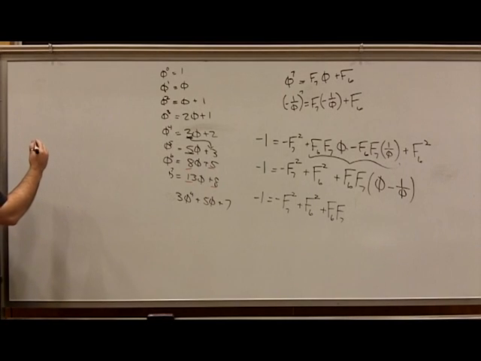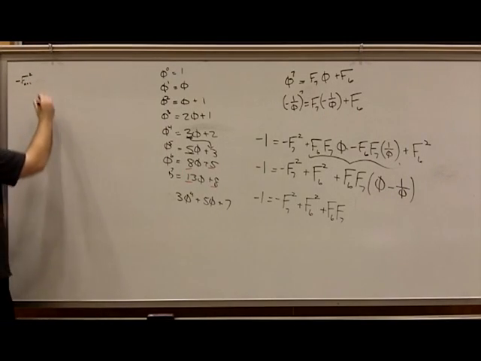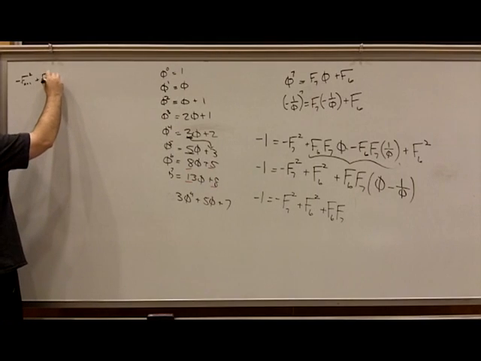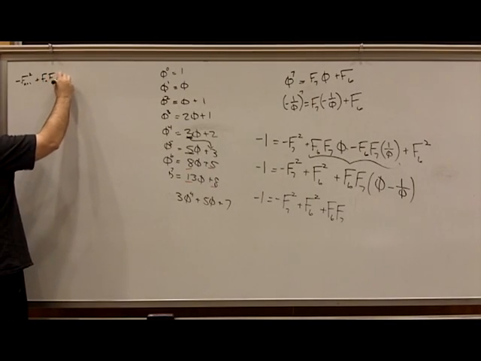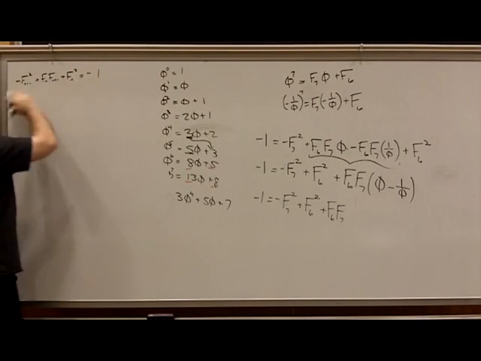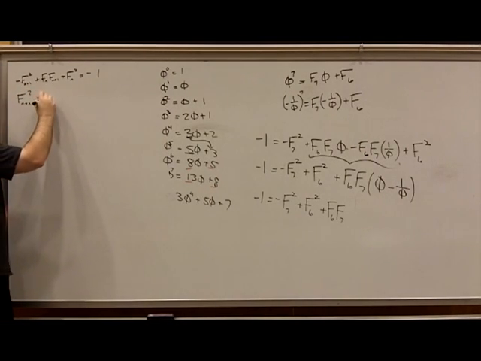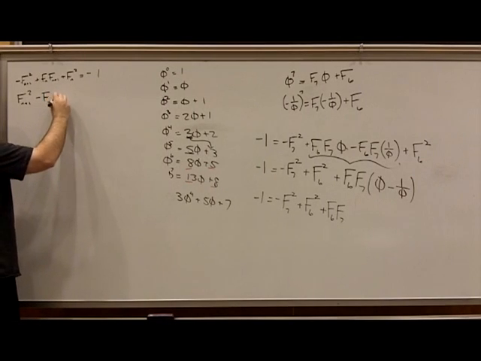We've got negative f(n+1) squared plus f(n+1) times fn plus fn squared equals negative 1. Or I'm going to multiply the whole thing by negative 1 because I like it when the term that has the biggest bigness to it is the one that's positive.